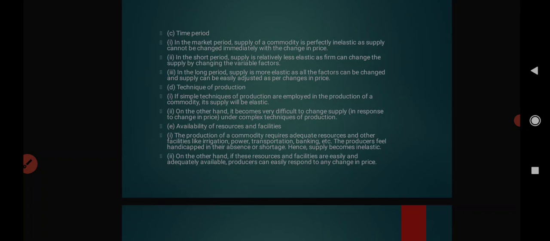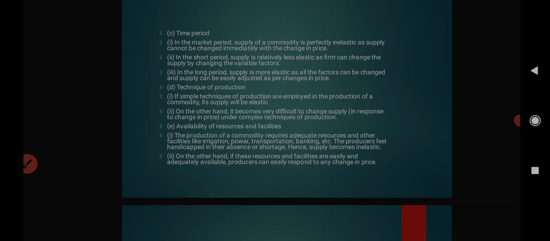In long period, supply is more elastic because all factors of production become variable. Technique of production. If improved techniques of production are employed in the production of a commodity, its supply will be elastic. On the other hand, it becomes very difficult to change supply under complex technique of production.